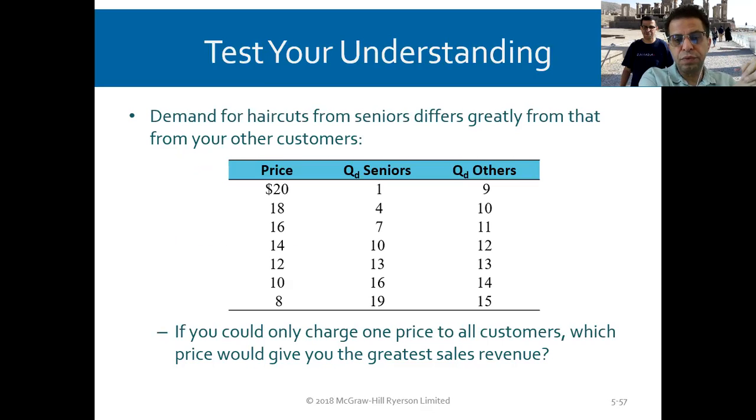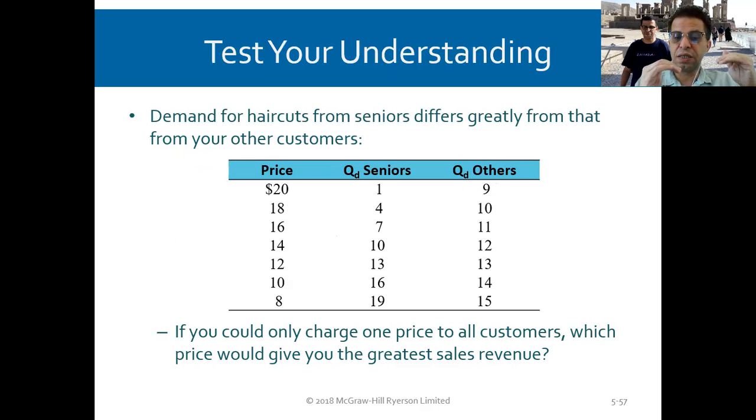So demand for haircuts from seniors differs greatly from that of other customers. QD is the quantity demanded by seniors. If the price is $20, one senior will come in for a haircut, and nine juniors will come in.